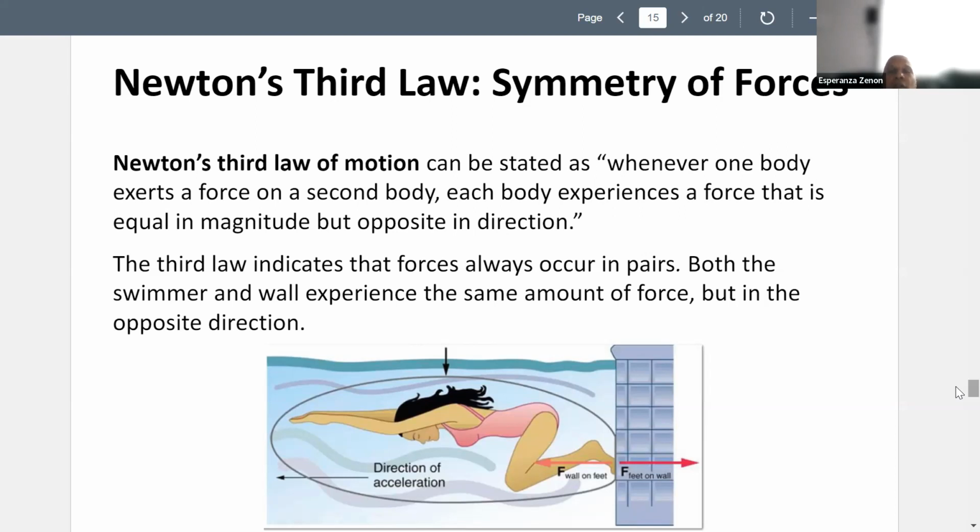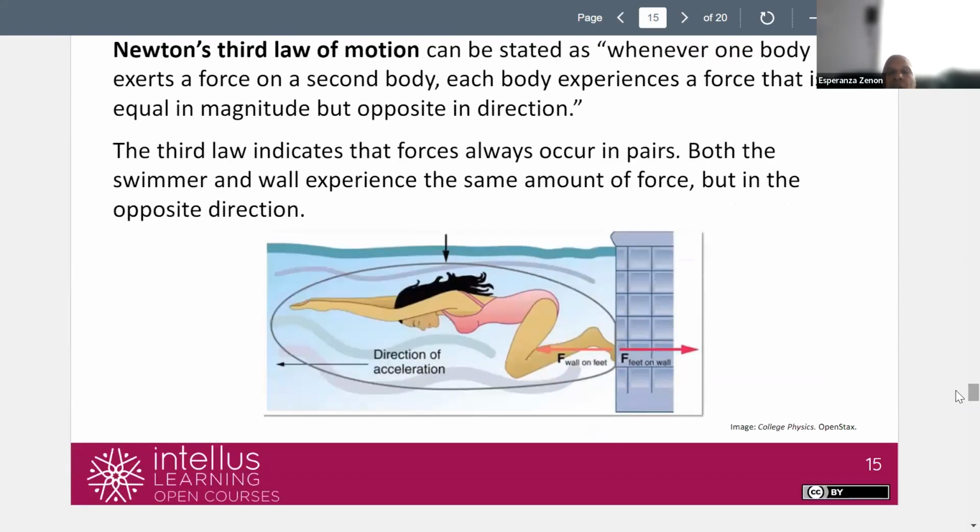So Newton's third law tells us that forces occur in pairs, okay? And you can see from the picture what they mean. So for example, the swimmer pushes on the wall. Newton's third law says the wall pushes back on the swimmer. How much? Same amount, opposite direction. Okay. And so the swimmer is going to push on the wall with a certain amount of force, but the amount of acceleration is based on the mass of the object.